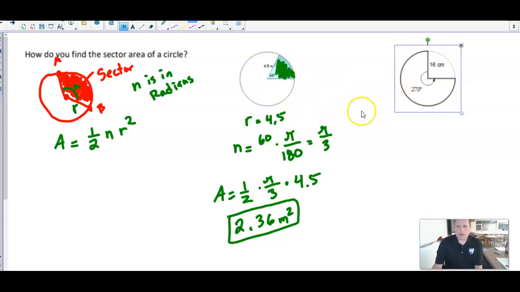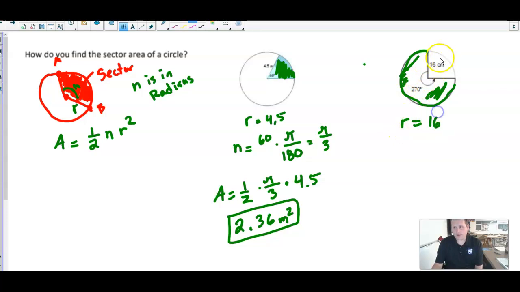Okay, if I look at this one, it wants me to rotate here. And so if I'm rotating this all the way around, I want all this area here. So my r is going to be the 16, that's my radius right here. And then my n is going to be the 270, and I'm going to multiply it by pi over 180.